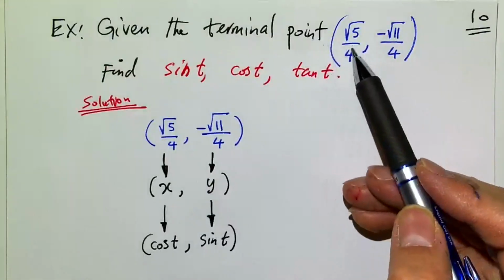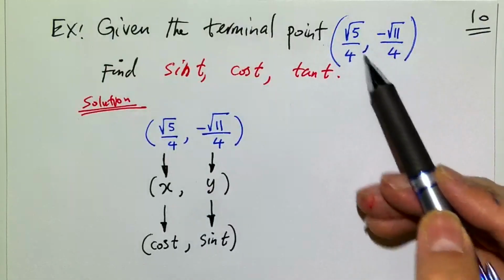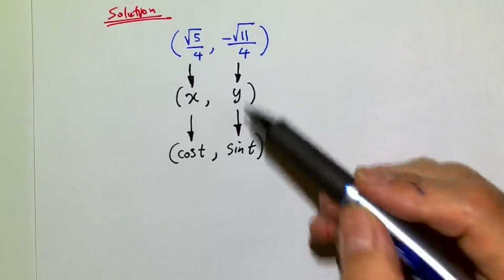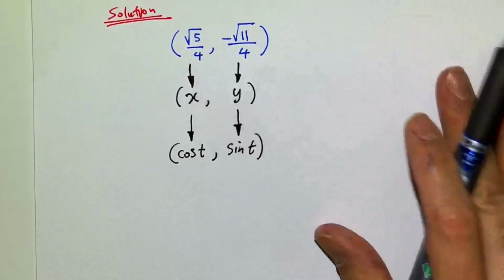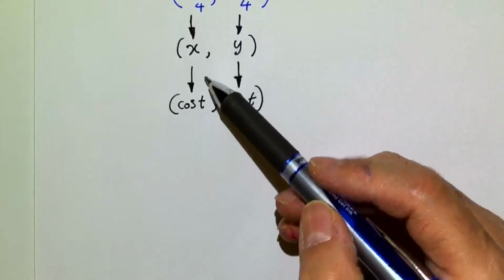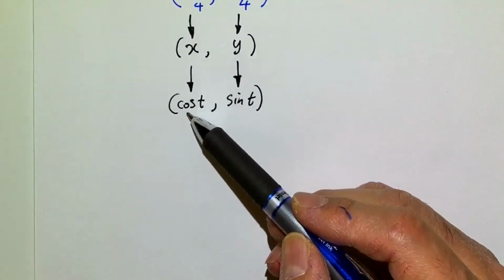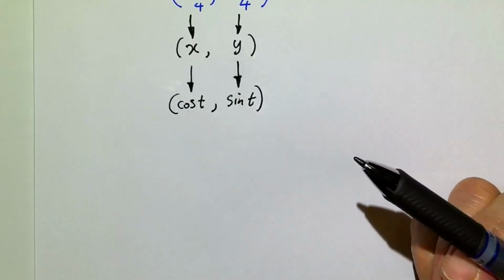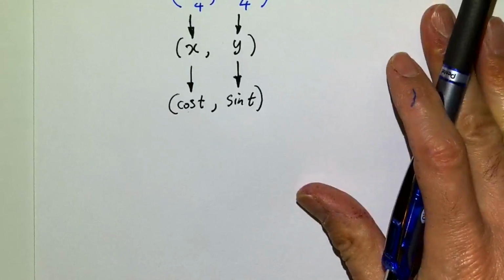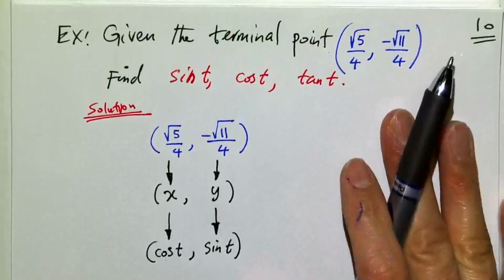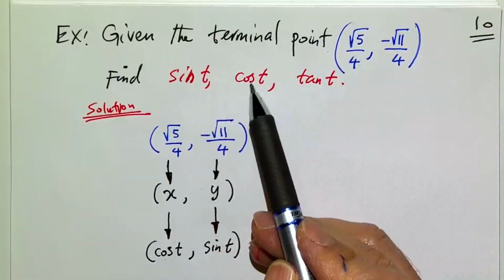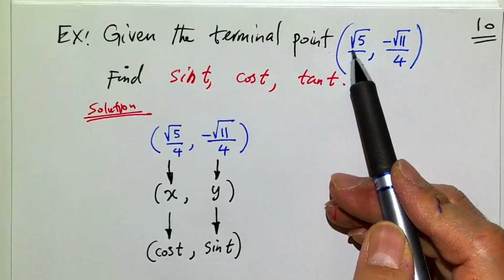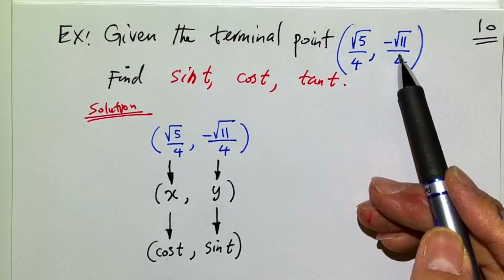A terminal point is just a point, right? So it has some coordinates. But we're in trigonometry, so we know that x translates into cosine of t and y into sine of t. So when they say, given this terminal point, find sine and cosine, it's already been given. This is our cosine, this is our sine.